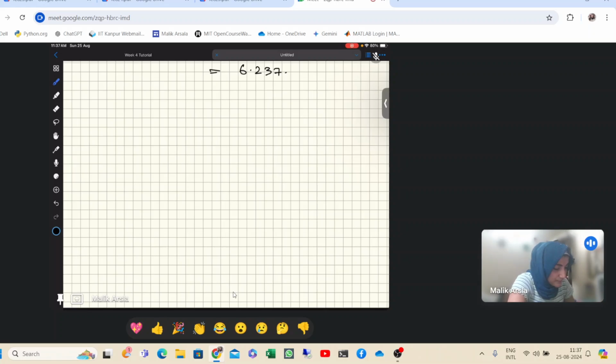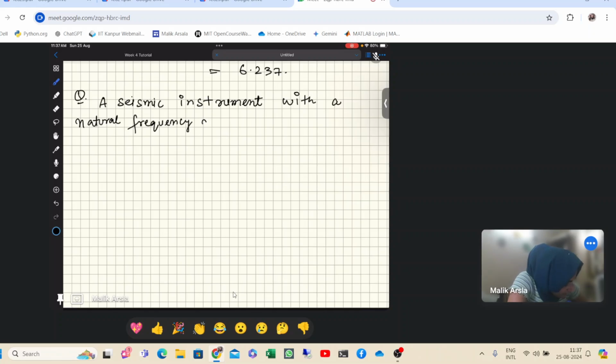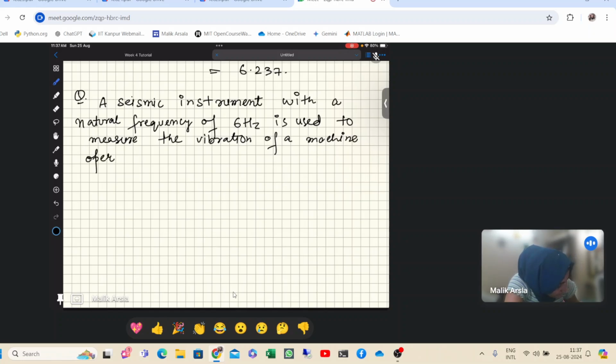A seismic instrument, basically a vibration pickup, with a natural frequency of 6 Hz is used to measure the vibration of a machine operating at 120 RPM.